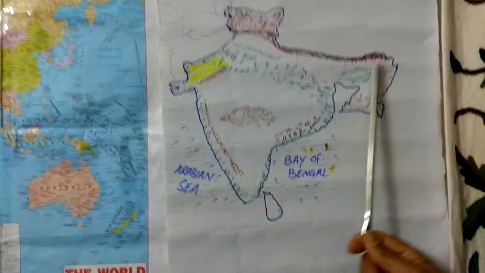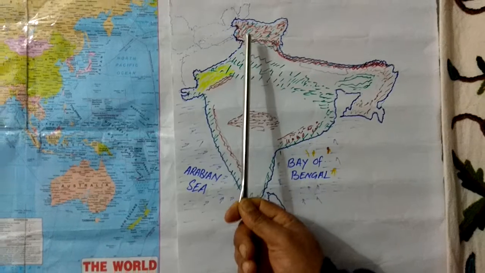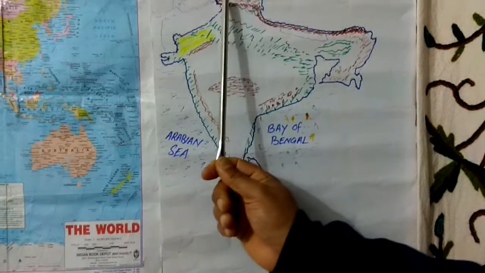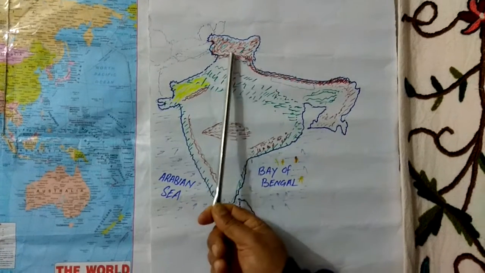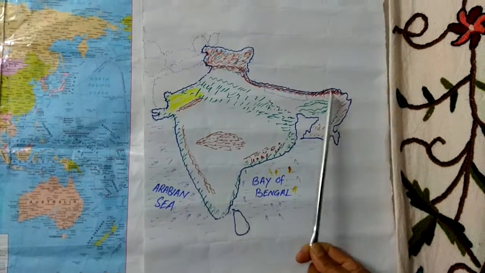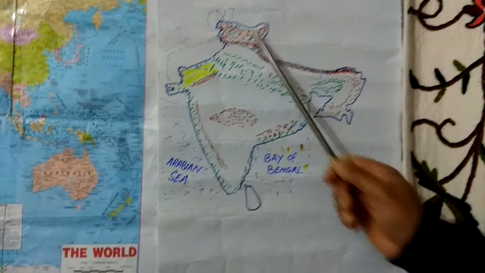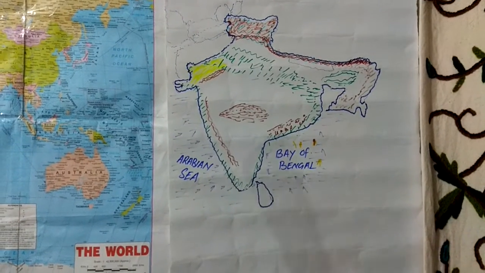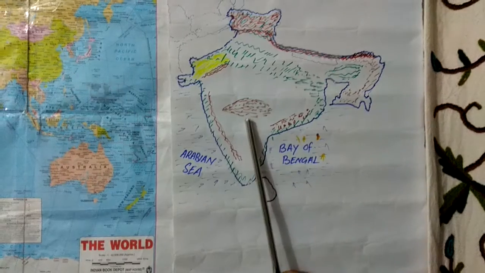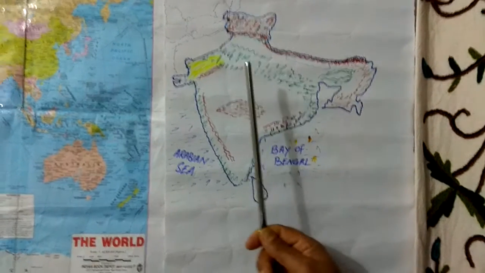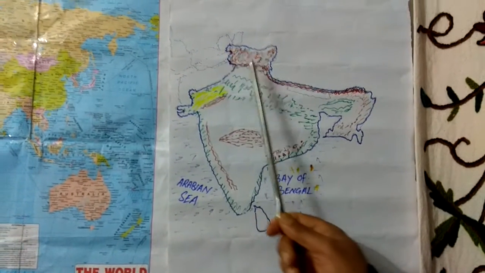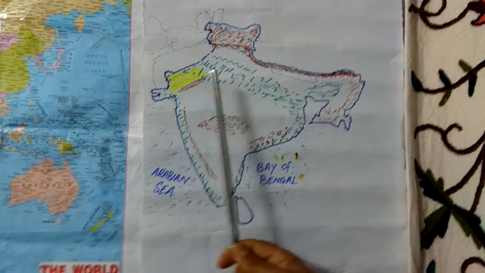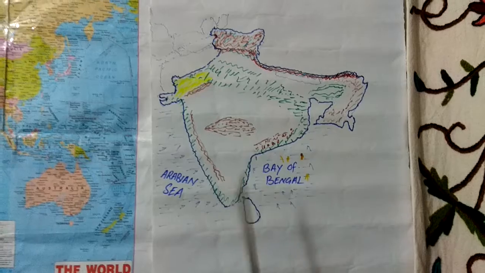This area is known as the Great Mountain of Himalaya, or the Great Himalayan Mountain Range. So now, these features: peninsula, Deccan Plateau, plains, the Great Mountain Range of Himalaya, and deserts as well.